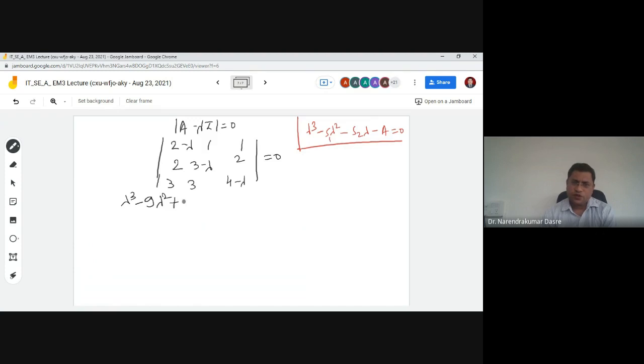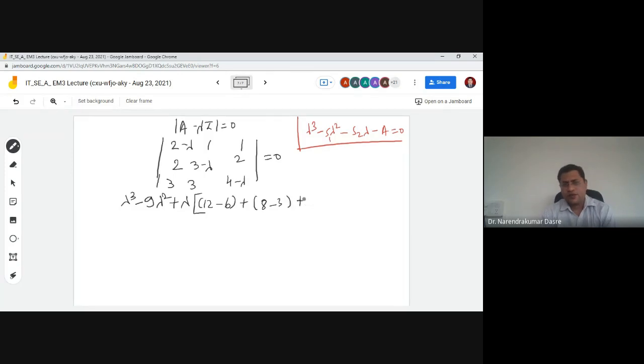Then plus lambda into the sum of minors. What will be the minor of each diagonal element? For this 2, we have the minor 3, 4 and 2, 3, so this will be 12 minus 6. Then the minor of this element: 3, 2 and 4, 1, so it is going to be 8 minus 3.